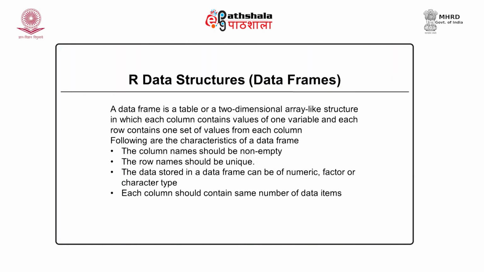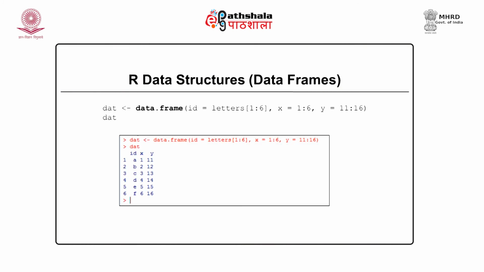Now, as you can see on the screen, we are creating a data frame. So, the function is data.frame and it contains letters from 1 to 6. X is the value which can be from 1 to 6 and y takes values from 11 to 16. So, what is the output?